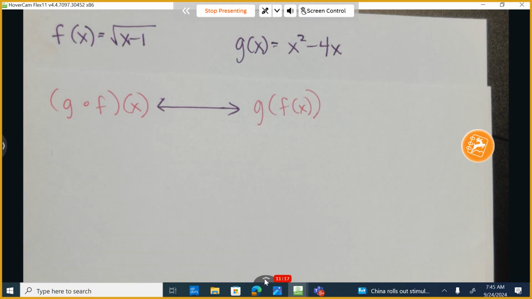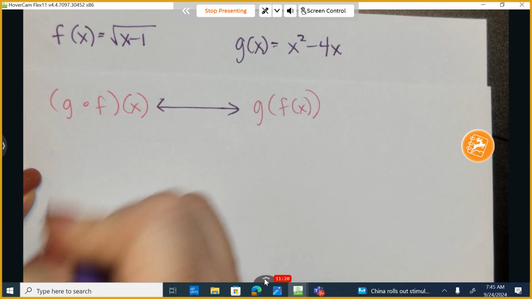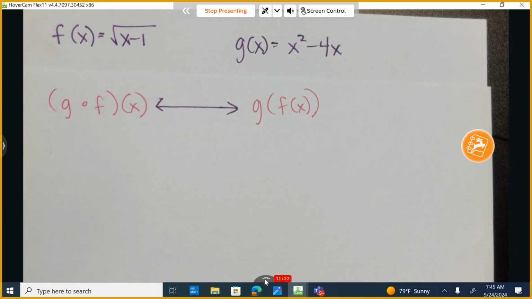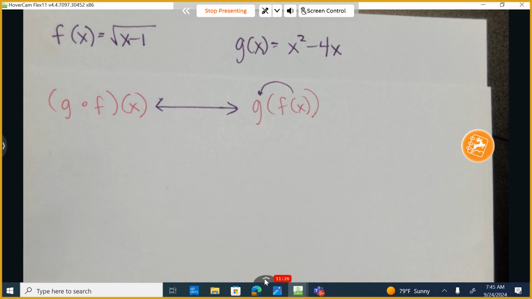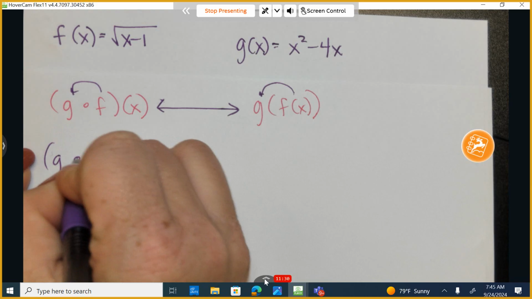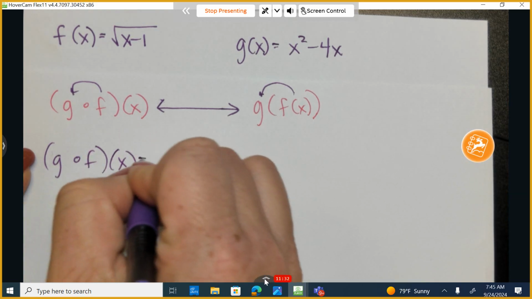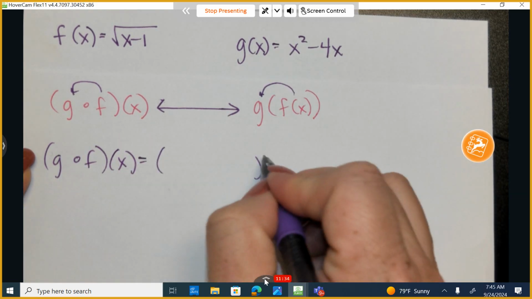Let's look at the next one. We're on to example number 6. In example number 6, we're going to plug f, what f is equivalent to, into g. So let's start by writing down what g is. So here's g.